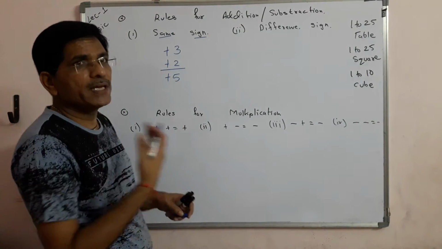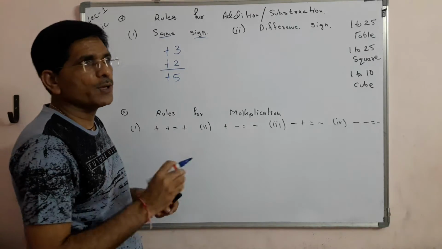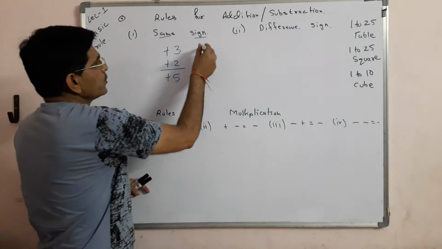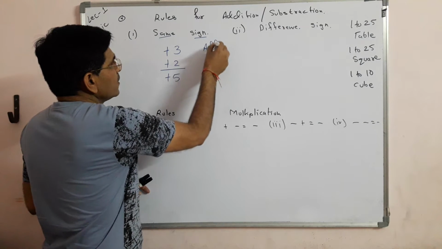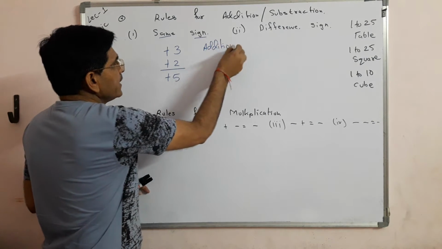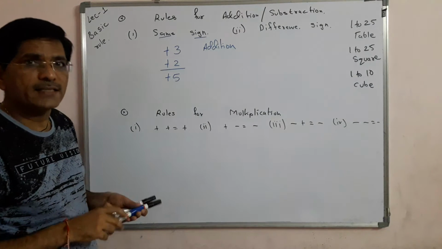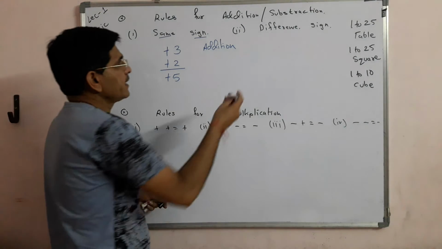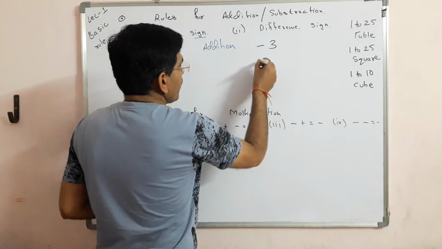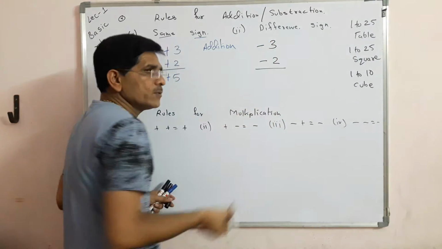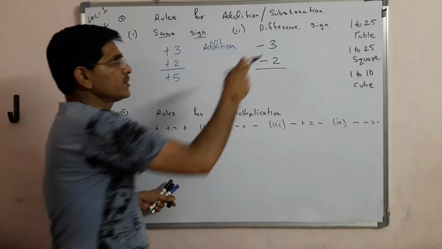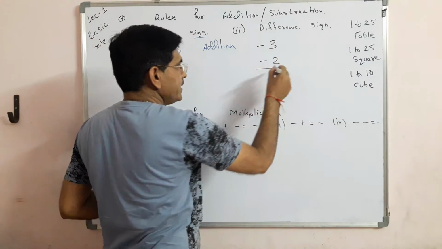But when you are doing big sums, we have to remember that when the same sign is there, you have to do addition. When the same sign is there, you have to do addition. Now if I write minus 3, minus 2, what do you have to write? Again, same sign, addition. So 3 plus 2, you have to write 5.